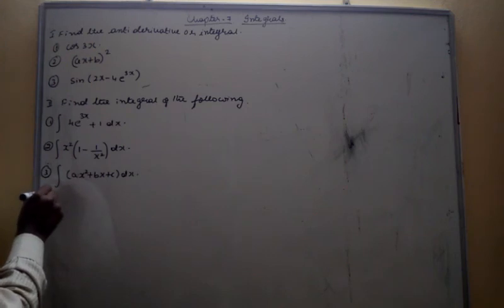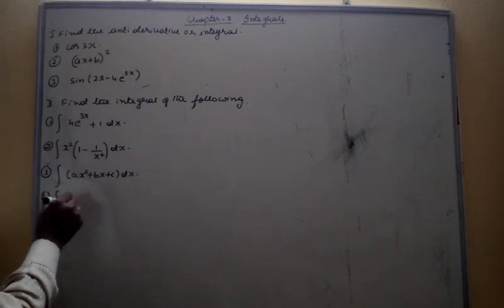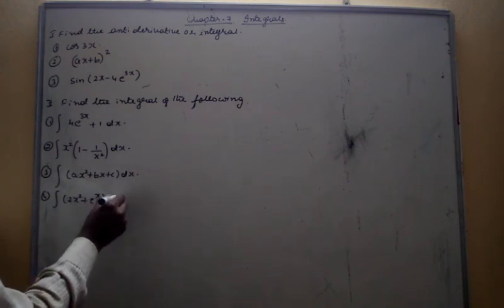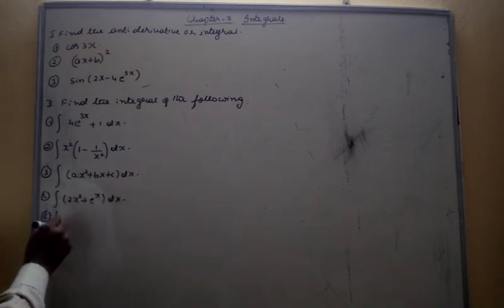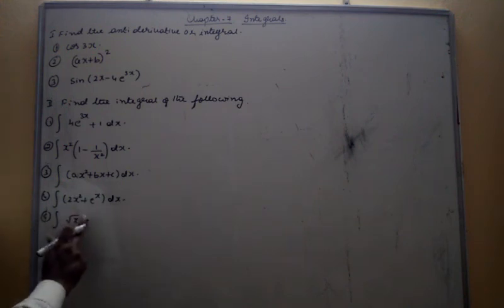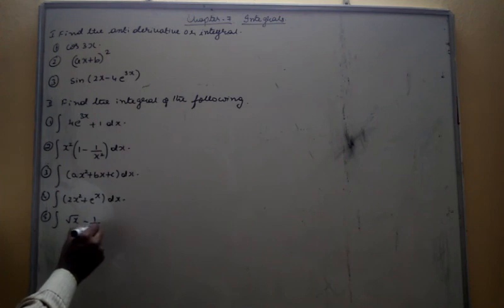Then the fourth one, 2x square plus e to the power of x dx. Then the fifth one, root x minus 1 by root x whole square dx.